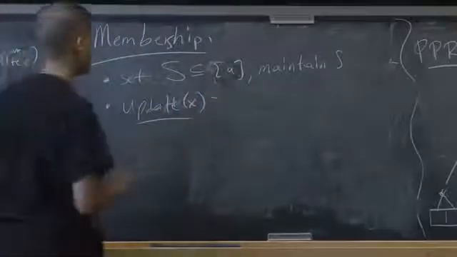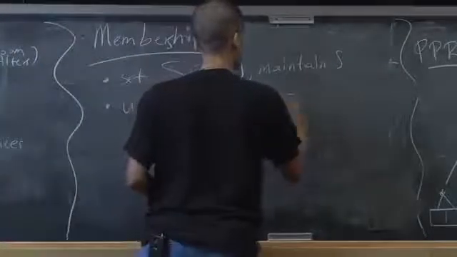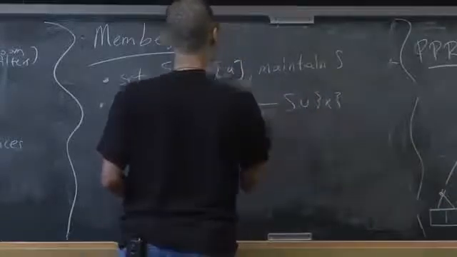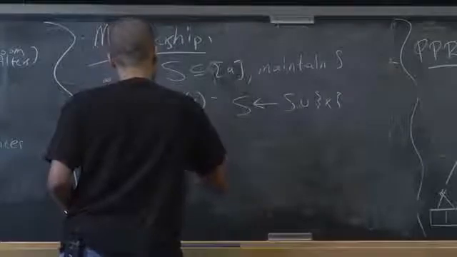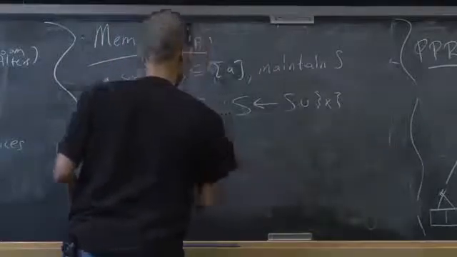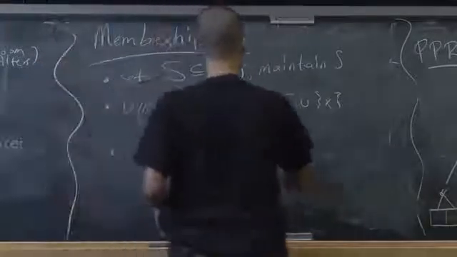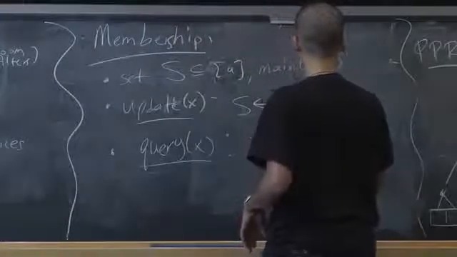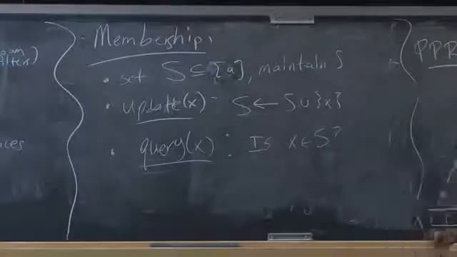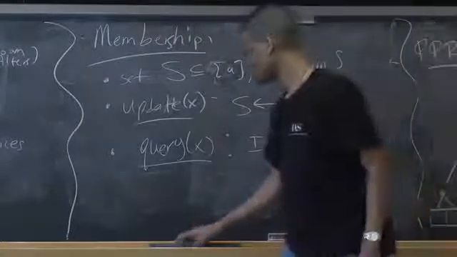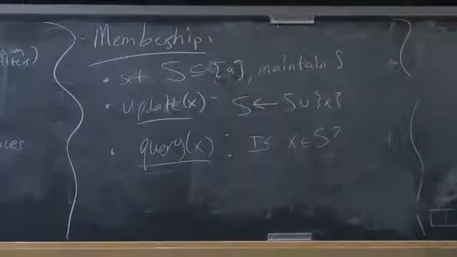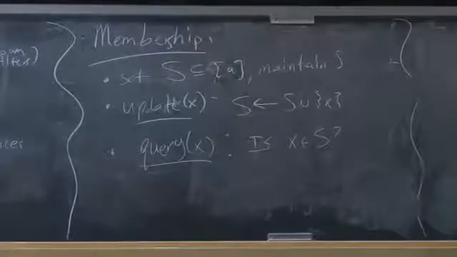One is update: update X sets S to be S union X. And then there's query X, which says, is X in S? Yes or no? So there are no values anymore in our hash table. There are only keys. We just want to know is the key in our set or not.